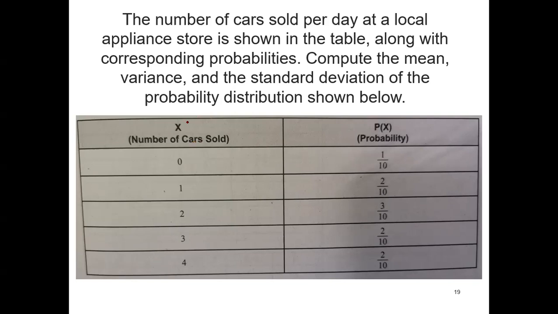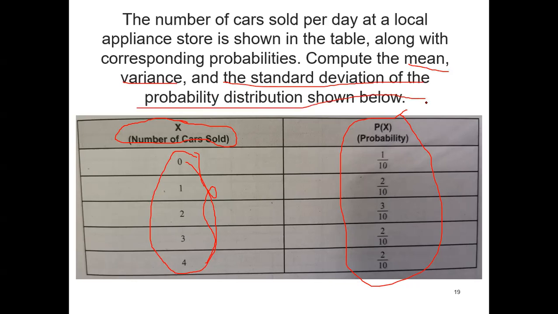So we have here the given: x, the number of cars sold, is 0, 1, 2, 3, and 4, and the probability of x is 1 over 10, 2 over 10, 3 over 10, 2 over 10, and 2 over 10. We're going to use this given to solve for the mean, the variance, and the standard deviation of the probability distribution.